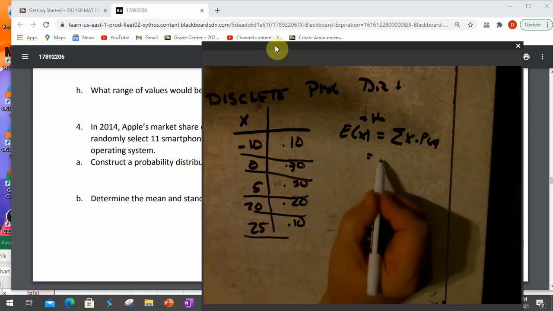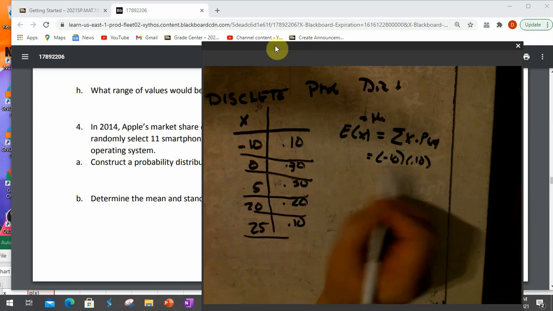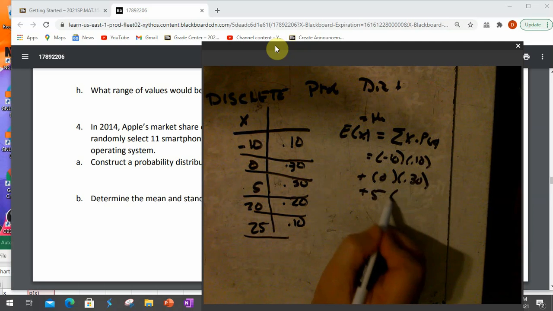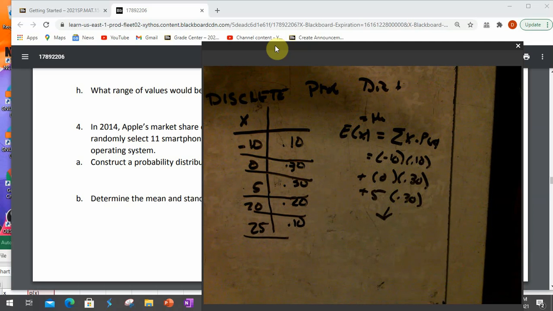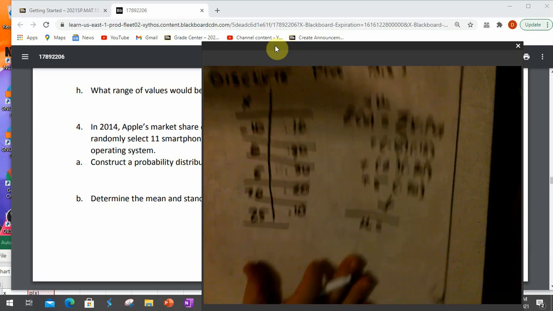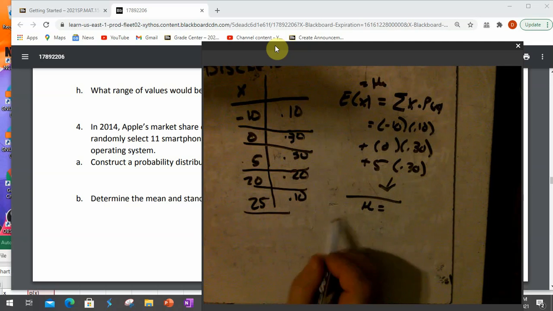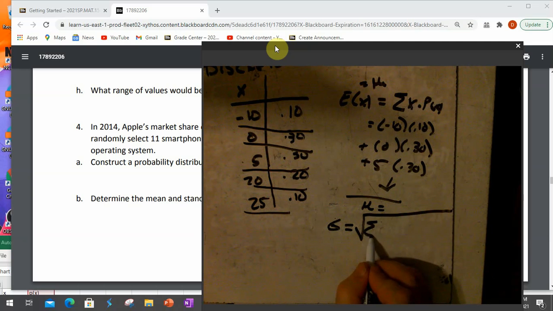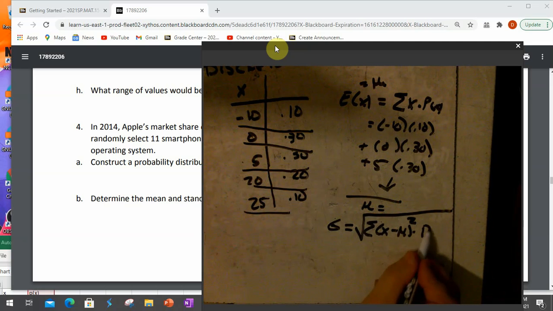That looks like -10 times 0.10 plus 0 times 0.30 plus 5 times 0.30, and I continue it out. Okay, so I get some mean, and then the standard deviation formula is the square root of the sum of x minus the mean I just calculated, squared for each one of these, times its probability.